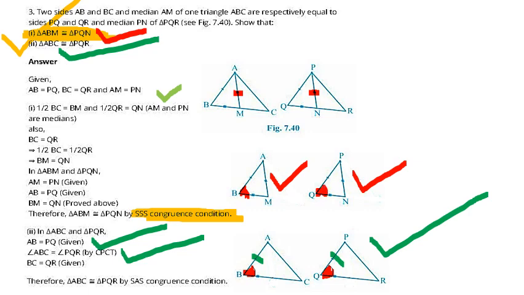So I wrote down angle ABC equals angle PQR, and the reason is CPCT. And BC is equal to QR. It is given to us, this side BC and this side QR. They are also equal. Then the triangles are congruent. What is the condition? Side, then angle, then one more side. Therefore, the two triangles are congruent by side, angle, side congruence condition. Hopefully, you understood this. Thank you.